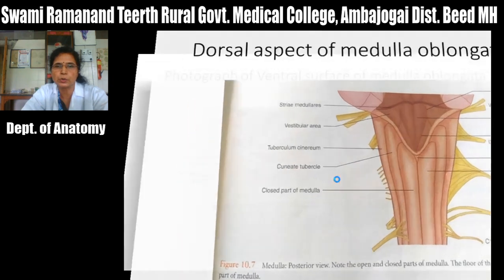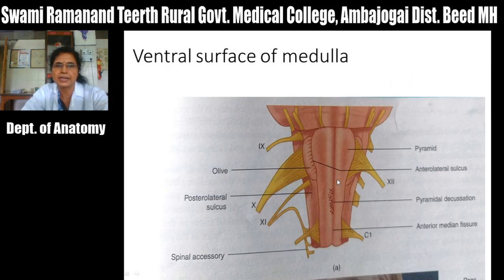Now each half is again divided into three parts by the anterolateral sulcus and posterolateral sulcus, and these continue inferiorly with the anterolateral and posterolateral sulci of the spinal cord.